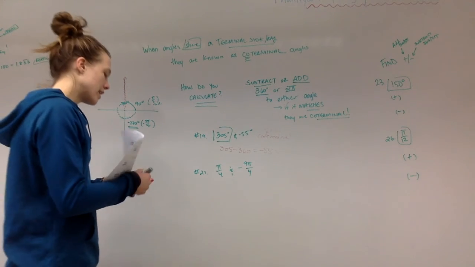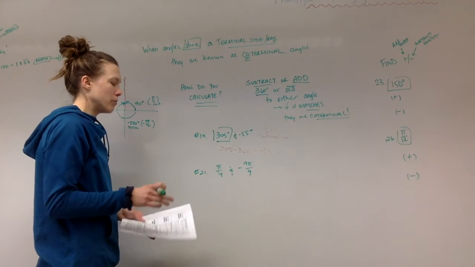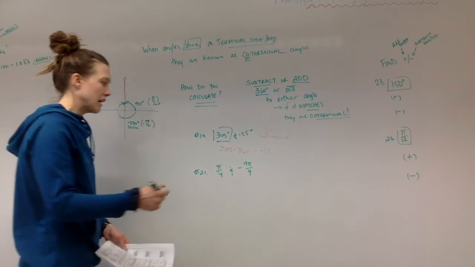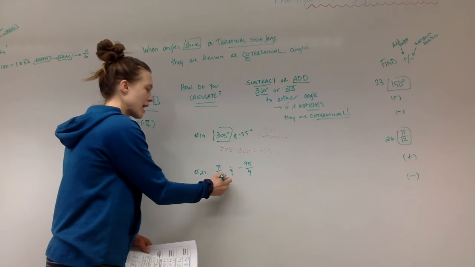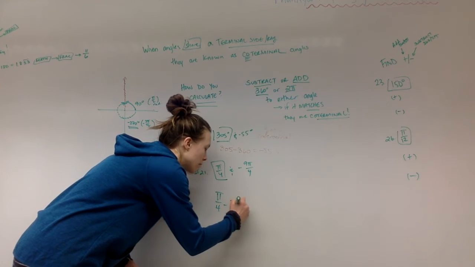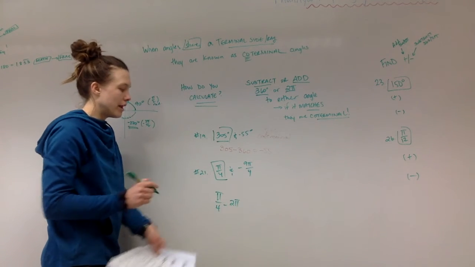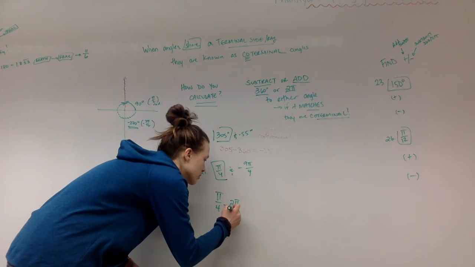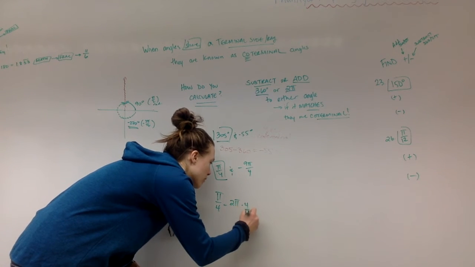In number 21, this is where we're adding or subtracting 2 pi. I have pi over 4 and negative 9 pi over 4. Because this is less, I'm going to subtract 2 pi, so pi over 4 minus 2 pi. I'm going to find a common denominator, so I multiply 2 pi by 4 over 4.